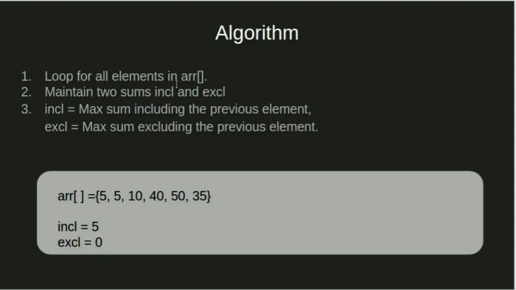We'll have a loop that would traverse from the first element to the last element of the array. We'll maintain two sums, include and exclude. Include is the maximum sum including the previous element, and exclude is the maximum sum excluding the previous element. Initially, we'll set include as the first element of our array, that is 5, and exclude as 0.